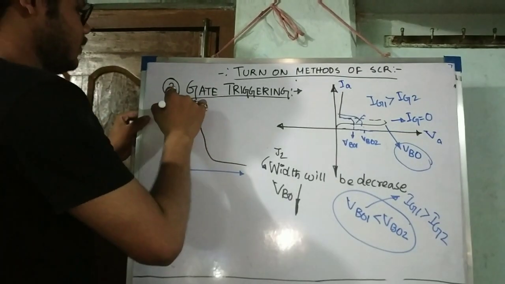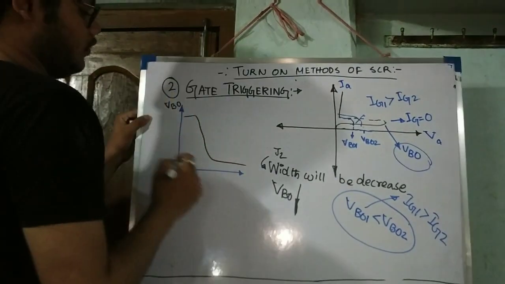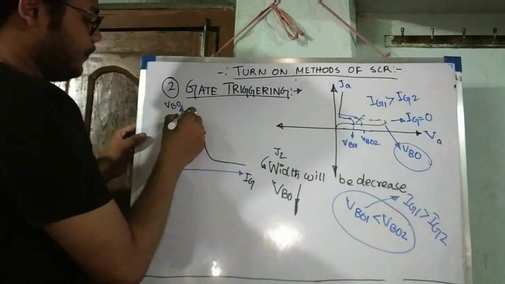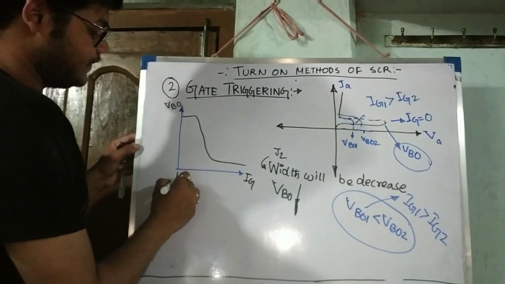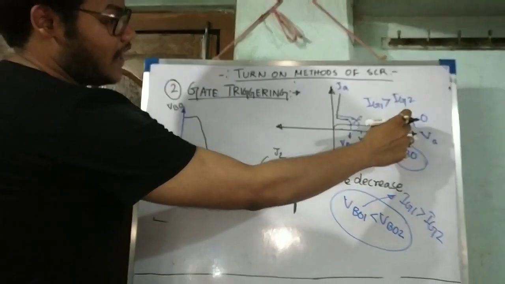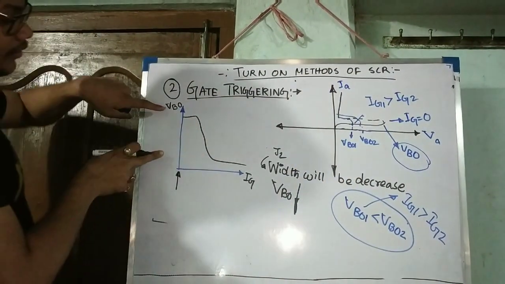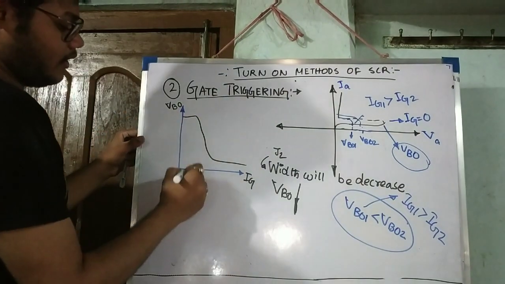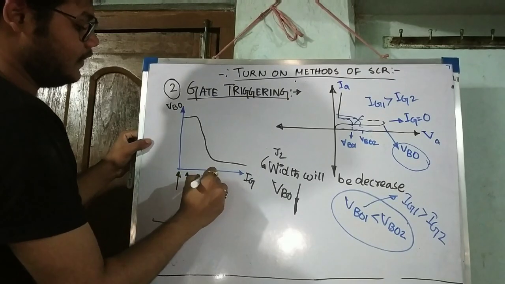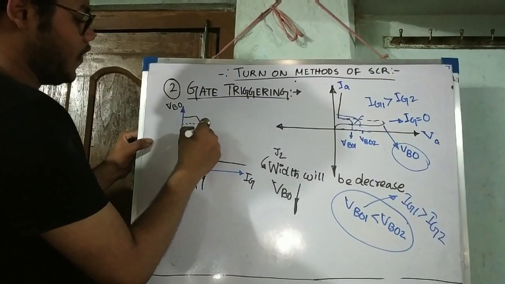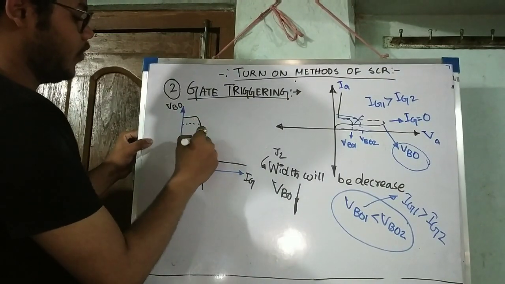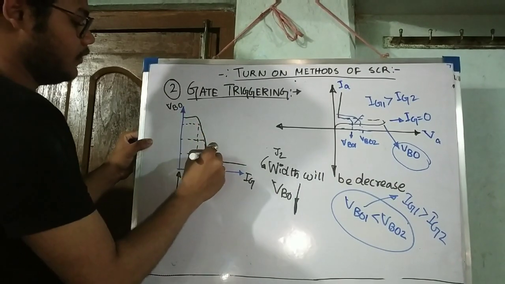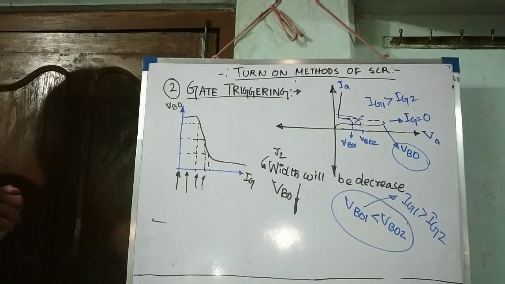So this is your VBO and this is your Ig. At this point your Ig is 0 and VBO is a very large value. And as soon as you start increasing your Ig value, the breakover voltage is decreasing.